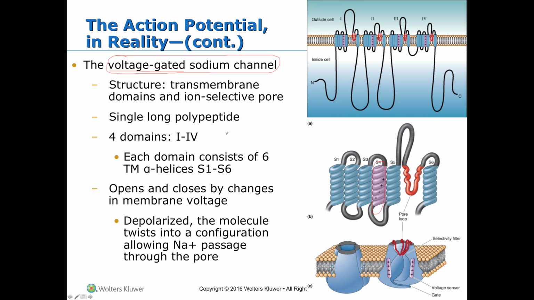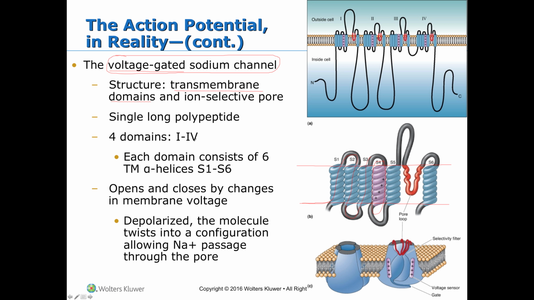The structure of the voltage-gated sodium channel is that it has transmembrane domains, simply meaning that there are segments of the protein that go across the membrane. So here is the membrane, and you have segments that go across it.